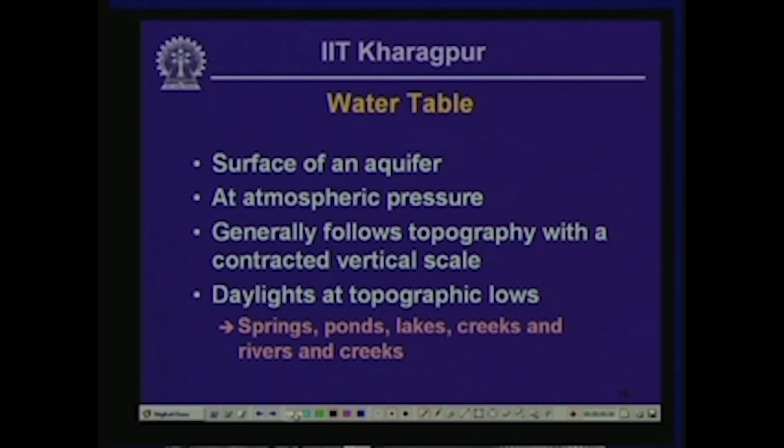Okay, let's look at what I meant by this. Let's say we have got a topography like this, and as we suggested, the water table in this case is going to follow the topography but at a reduced scale. So this is our ground surface, and this one is our water table.